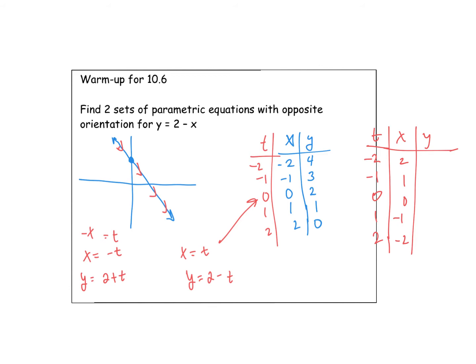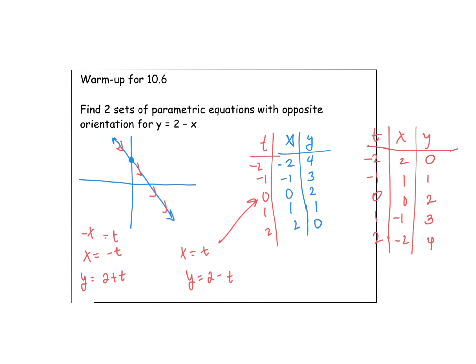My y's are 2 plus -2, or 0, 2 plus -1, or 1, 2 plus 0, or 2, 2 plus 1, 3, 2 plus 2, 4.